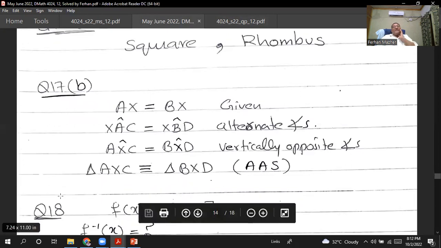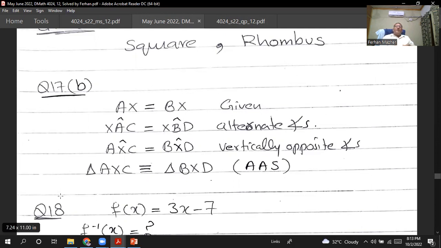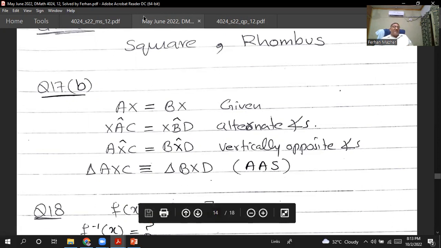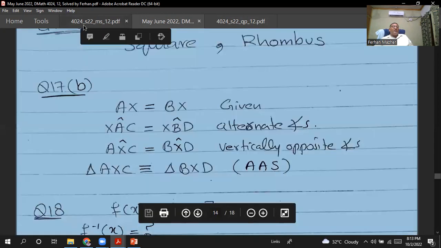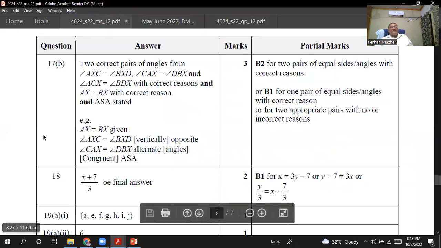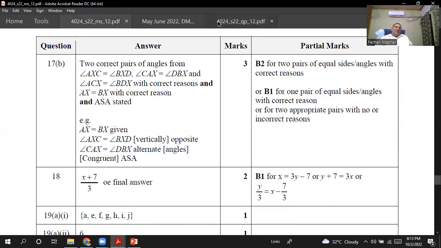Now I can say that triangle AXC is congruent to triangle BXD because two angles and one side are proven equal in these two triangles. So the angle side postulate. These two triangles are congruent to each other. This is how you will do this part. This is the marking scheme of this question. If you want to see this marking scheme, you can pause this video.